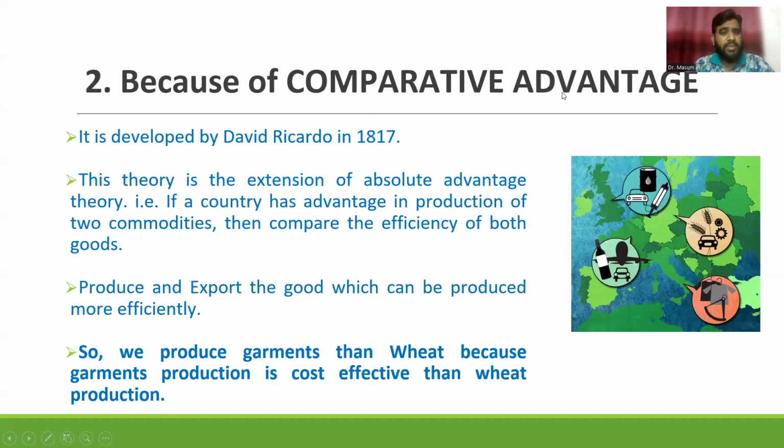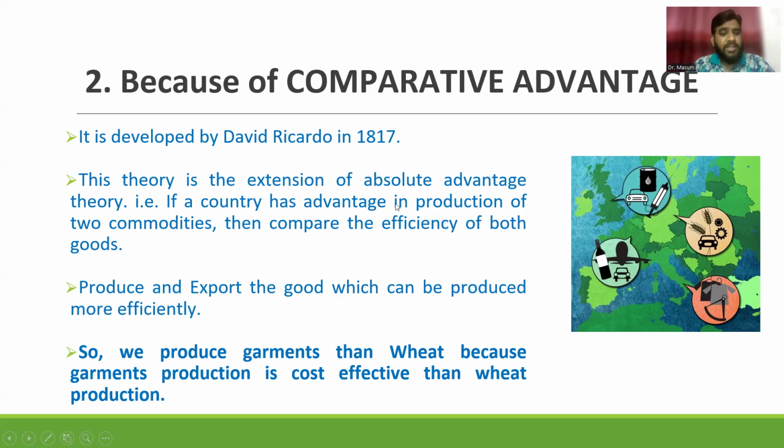This is also an economic theory. It was developed by David Ricardo in 1817. The theory is the extension of absolute advantage theory. That is, if a country has advantage in production of two commodities, here there was one commodity.